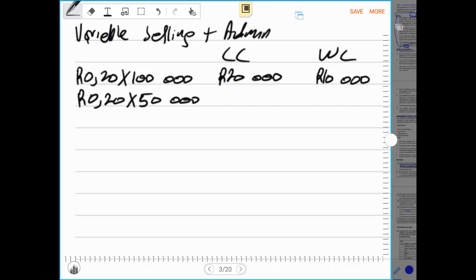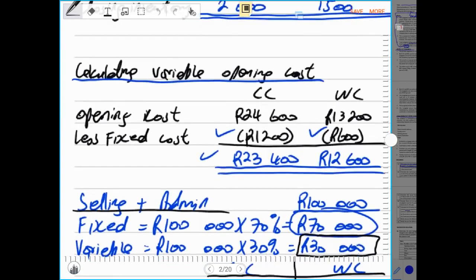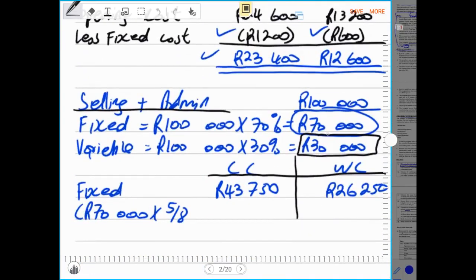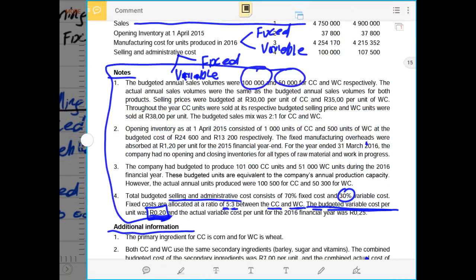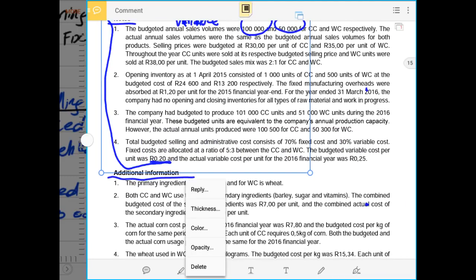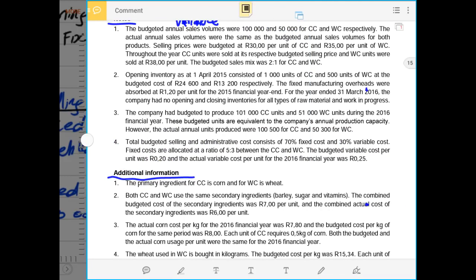So now we can see that the total of the two gives us the same 30,000 that was given to us as 70% of the selling and admin. 10,000 plus 20,000 gives us the same 30,000. So now this had to be aligned, otherwise that will mean there is definitely a mistake in these calculations. However, there is no mistake at this moment.